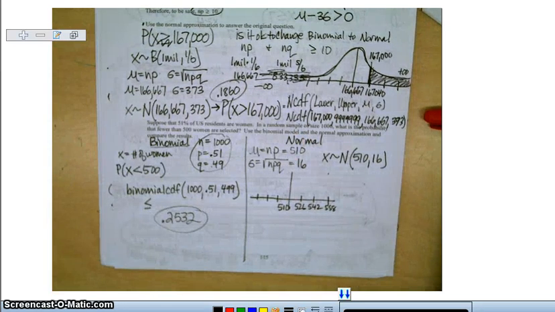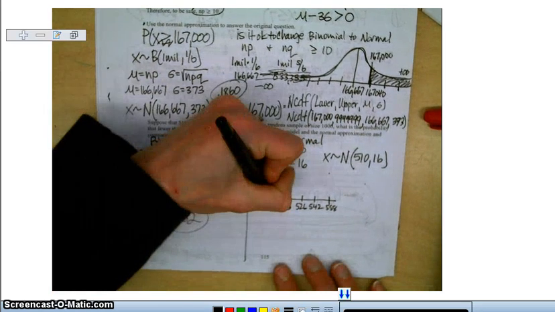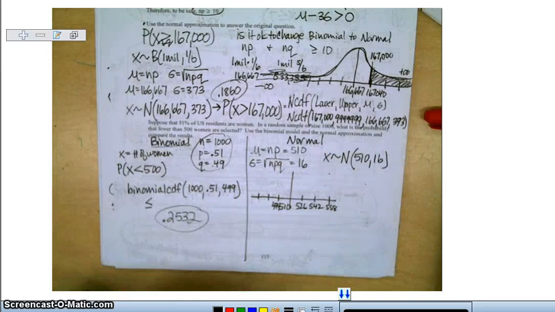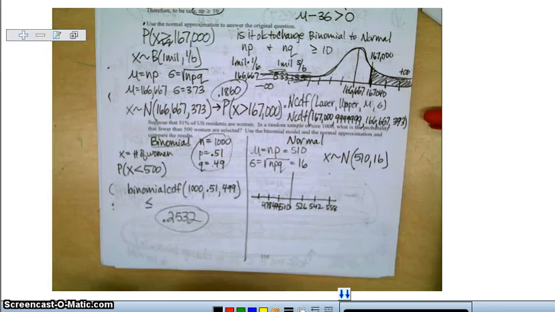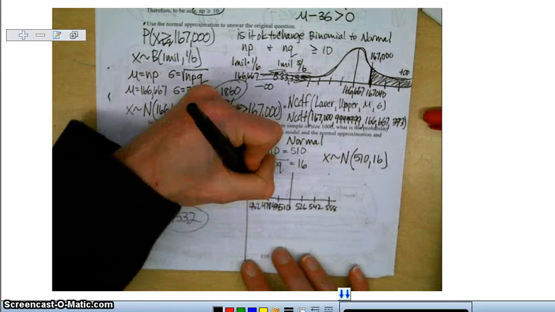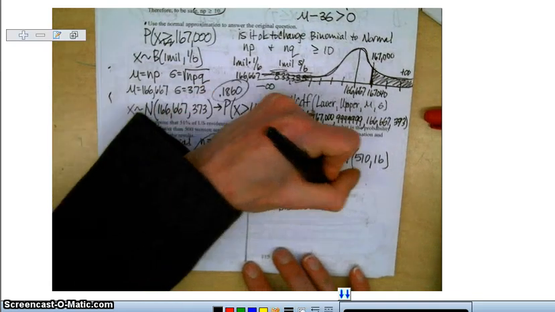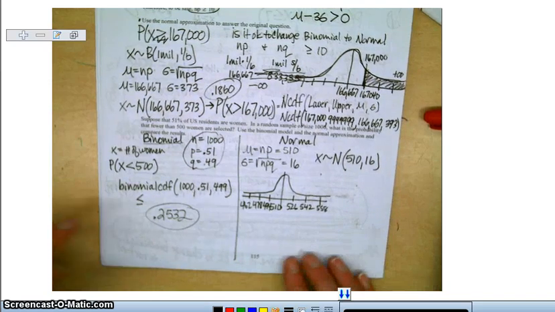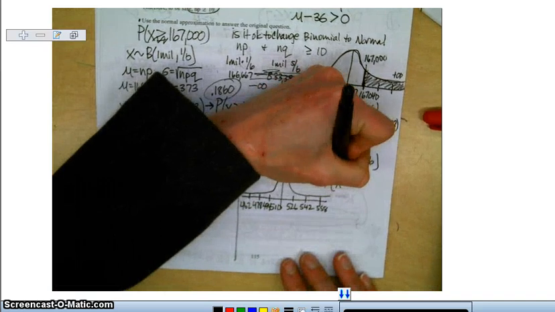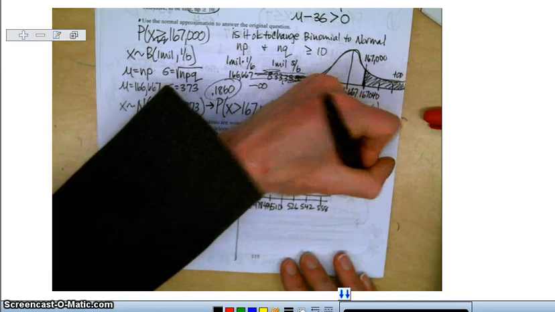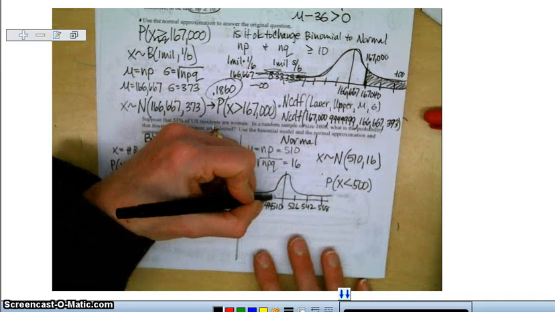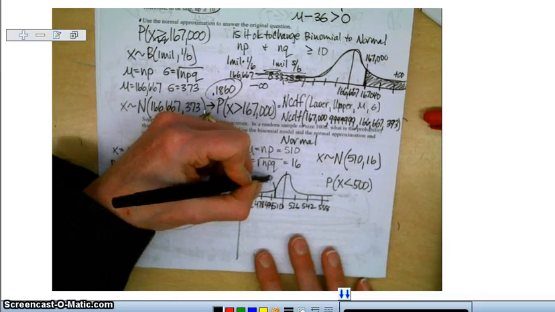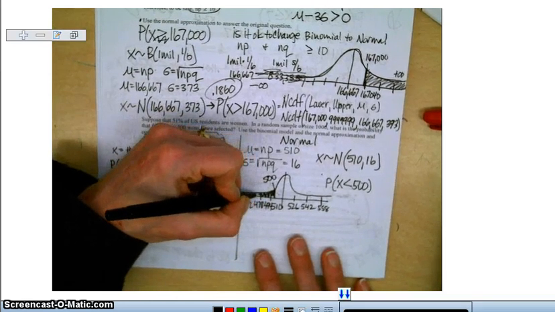Subtract 510 minus 16 is 494, minus 16, 478, minus 16 again, 462. So there's my normal distribution, and I want to now know the probability that x is less than 500 using my normal. So 500 is like right here, and shaded this way.